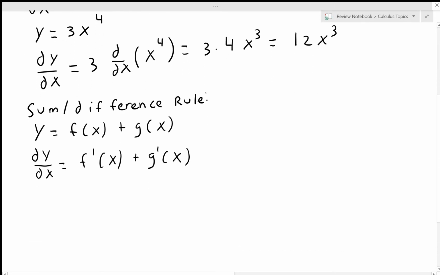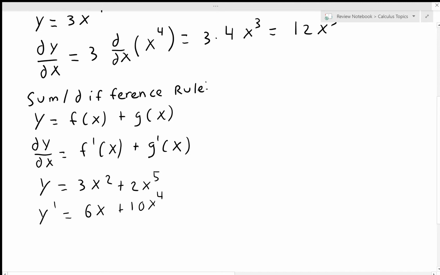For example, if I had y equals 3x squared plus 2x to the 5th, my y prime would be 3 times 2, which is 6x, plus 5 times 2, which is 10x to the 4th.